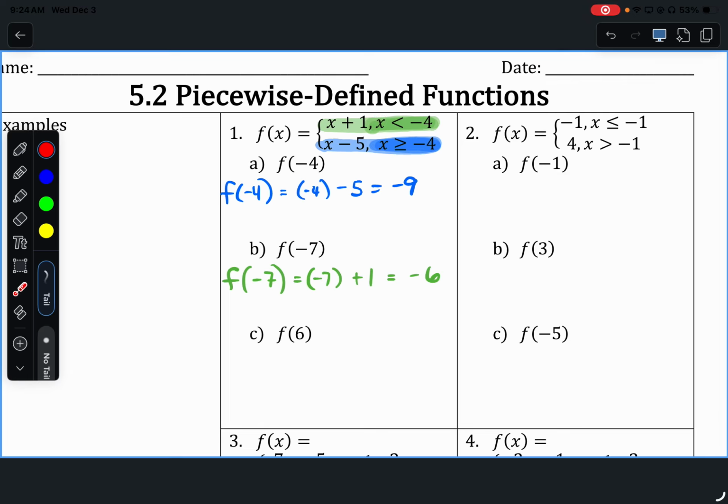Okay, for this one, we have f of 2. Is 2 less than or equal to negative 3? Is 2 greater than negative 3 and less than or equal to 2? Yes, because it's equal to 2. So now we're going to plug that in. We have f of 2 is equal to negative x plus 5.